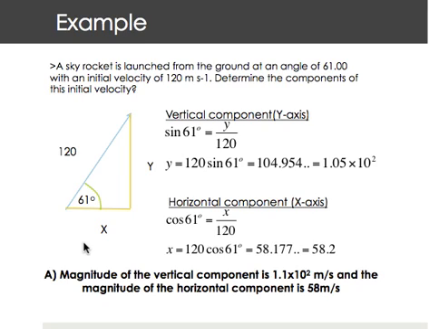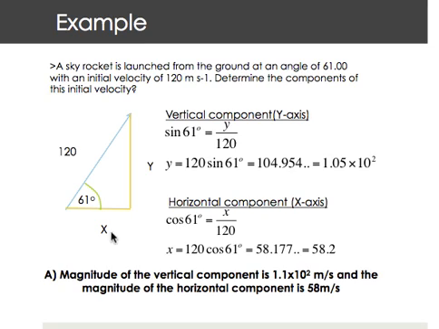For example, a skyrocket is launched from the ground at an angle of 61 degrees with an initial velocity of 120 meters per second. Determine the components of this initial velocity.